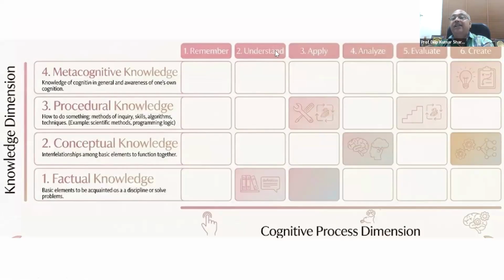These are the different levels of Bloom's taxonomy: remember, understand, apply, analyze, evaluate, and create. This is a mapping, say, for a particular one related to KL3 and L3, like that.